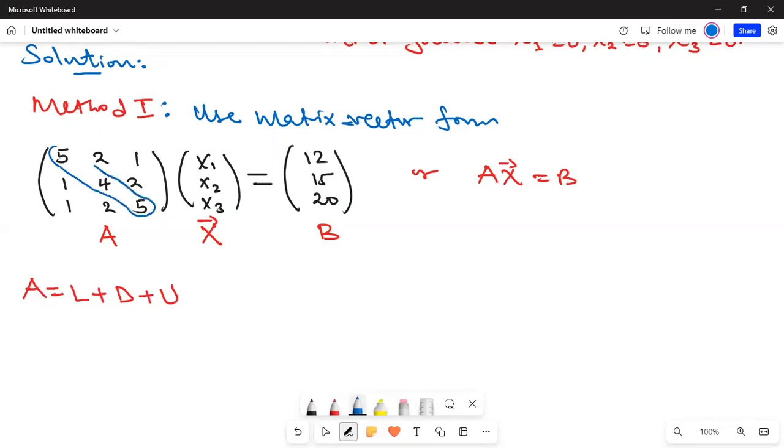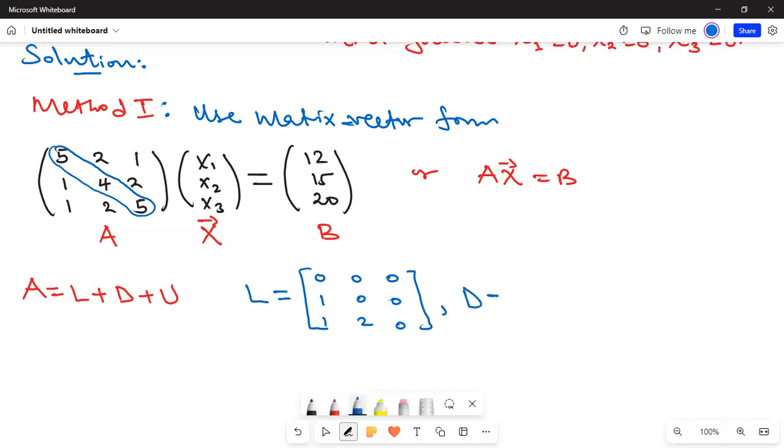So look at the leading diagonal of A. And so from that matrix A, you can now get L. We are only interested in the elements simply below the leading diagonal. The rest are 0, so we'll have 0, 0, 0, 1, 0, 0, 1, 2, 0.